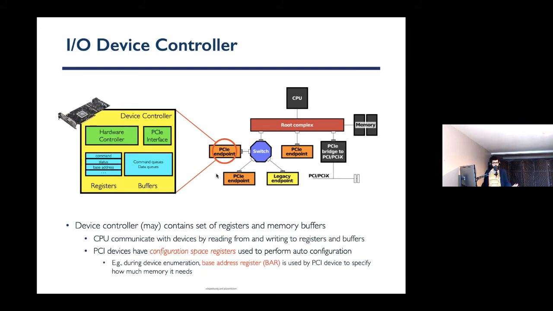Now, another great thing that PCIe does is that it treats devices as individual hubs. The concept is very similar to networks. When you have a network of computers, you have a switch: each computer sends packets to the switch, the switch sends them to a router, and the router routes them to wherever they have to go.